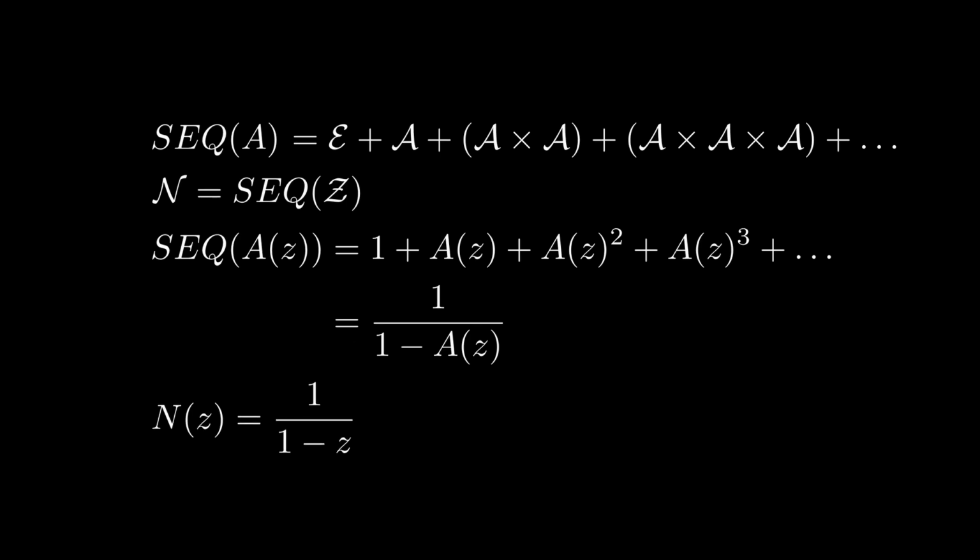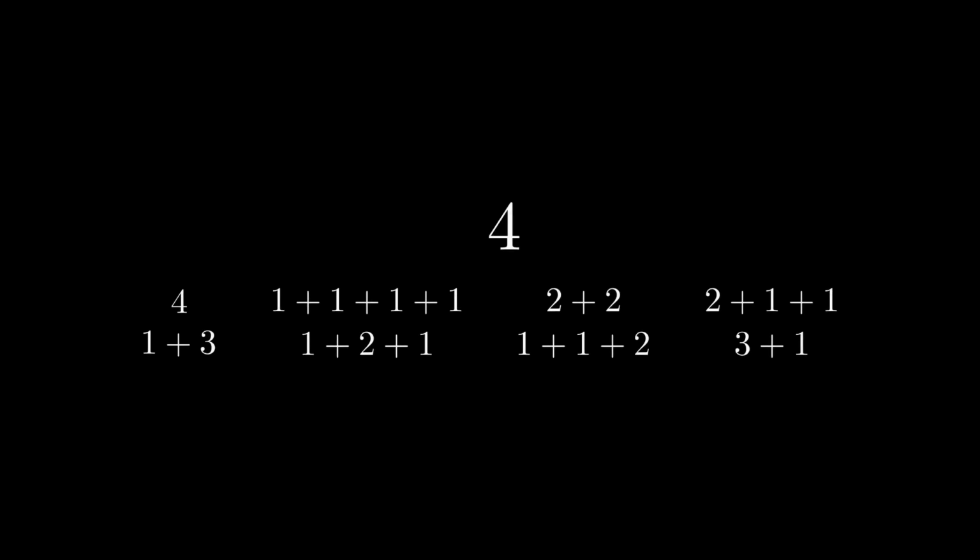As another simple example of the seq operator, suppose we want to count the number of ordered partitions of each integer n. That is, we want to find out how many ways an ordered list of positive integers can sum to n. For example, there are 8 ways to add up to 4.